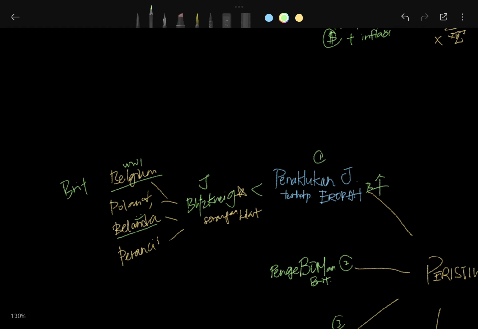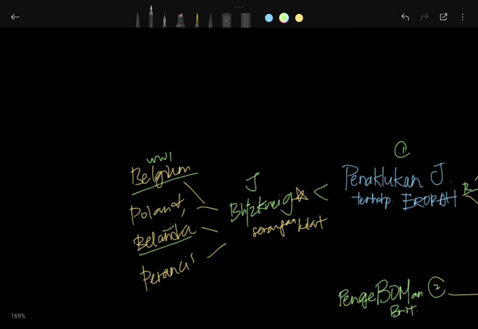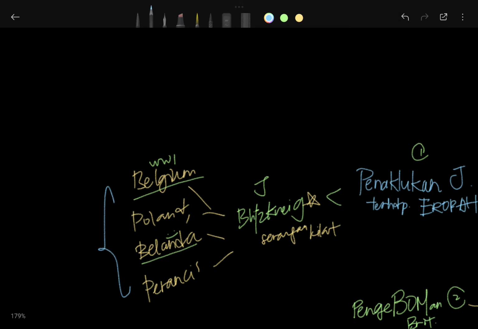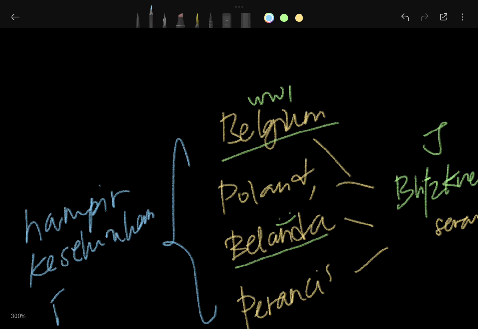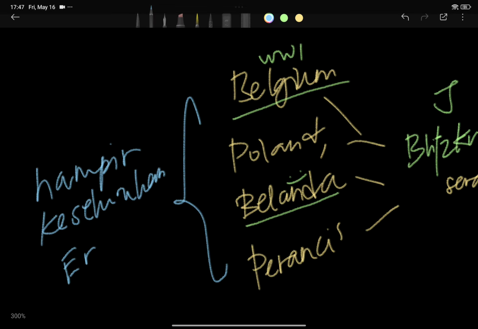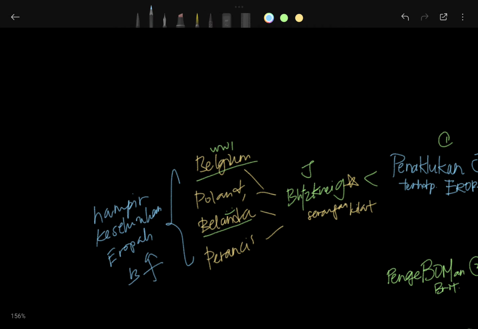But first, in 1941, German menguasai hampir keseluruhan negara di Eropa Barat, meaning that the Germany was so close, hampir, basically taking over the entirety of keseluruhan countries in Eropa Barat. Can you imagine just how insane that idea is? They were like, okay, that's it, we're coming back.